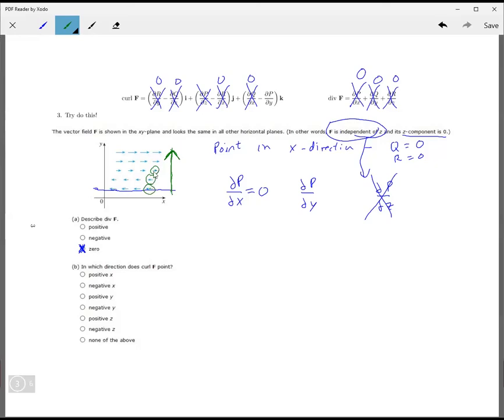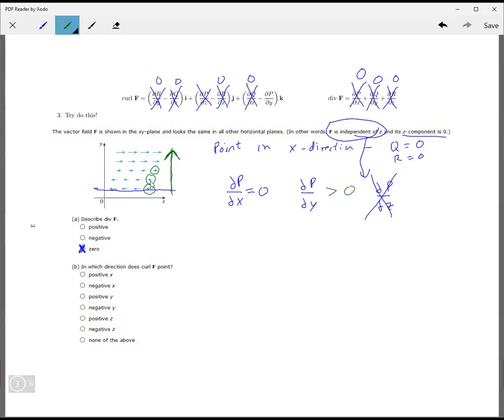This is less negative, and now this is positive, more positive, more positive. So is dp/dy going to be greater than 0 or less than 0? Greater than 0, right? Because here they're negative and this is less negative.